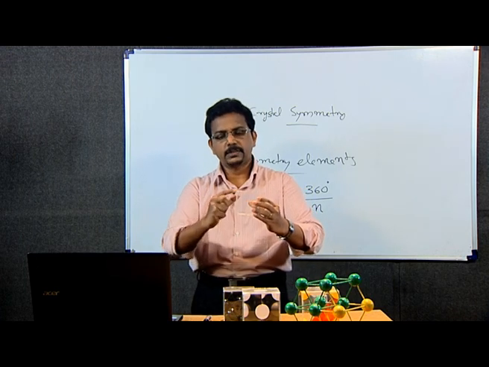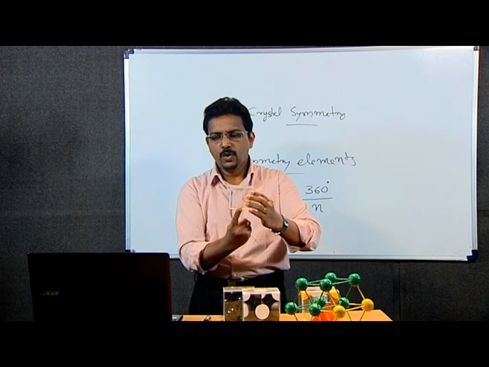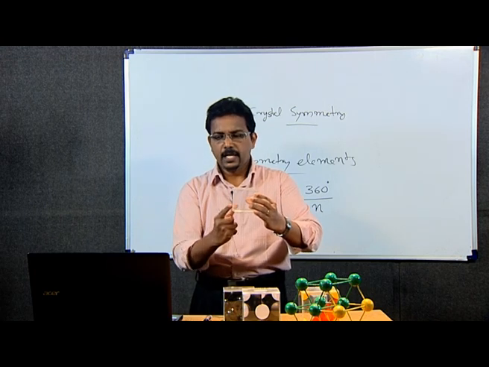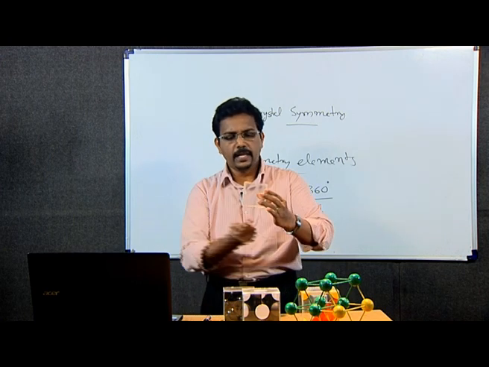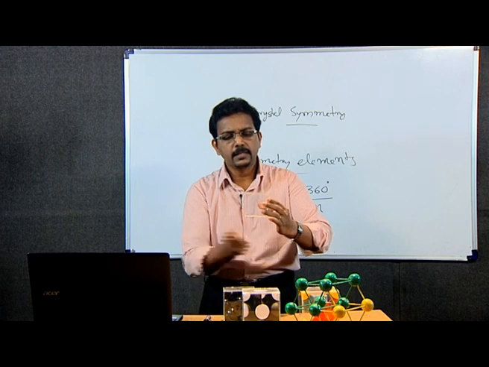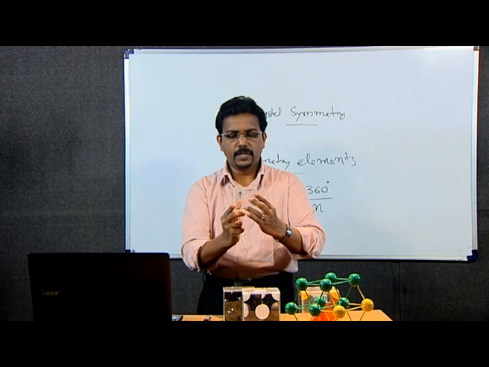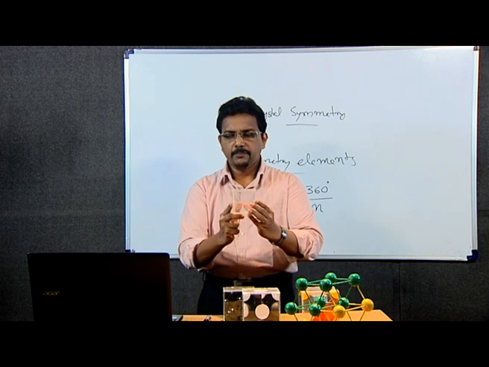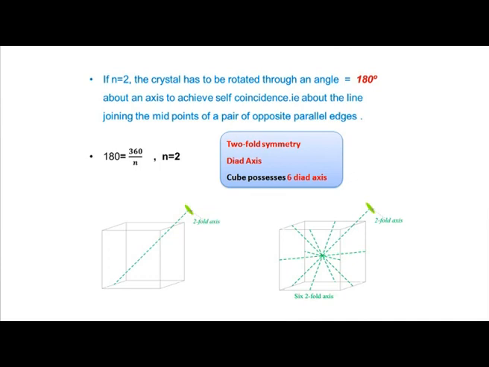A cube possesses how many edges? Here 4 edges, and here also 4 edges, so 8 edges. If you place an axis like this, and here also, and rotate 180 degrees, there is repetition of the specimen itself, and that axis is called a dyad axis. A cube possesses 6 dyad axes.